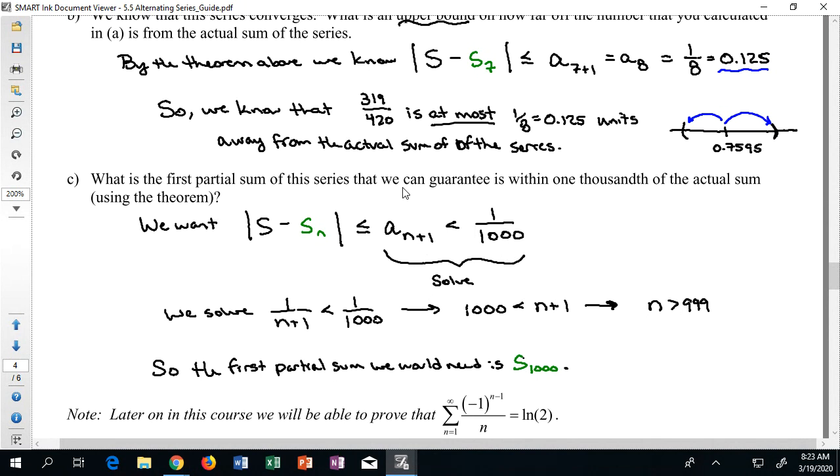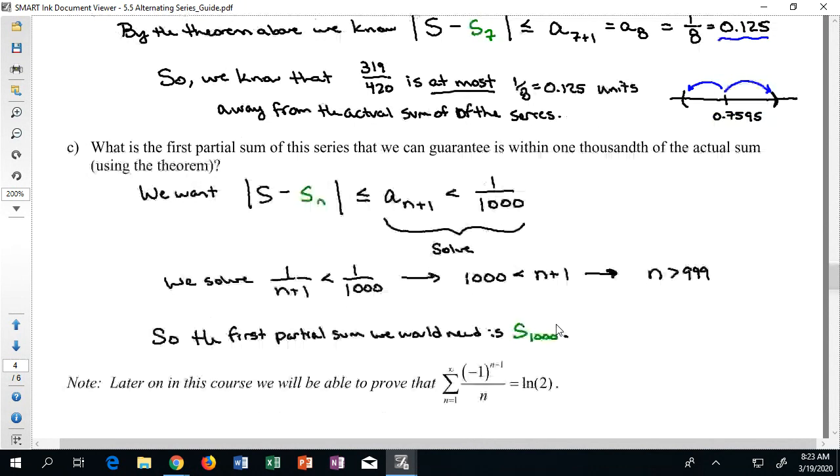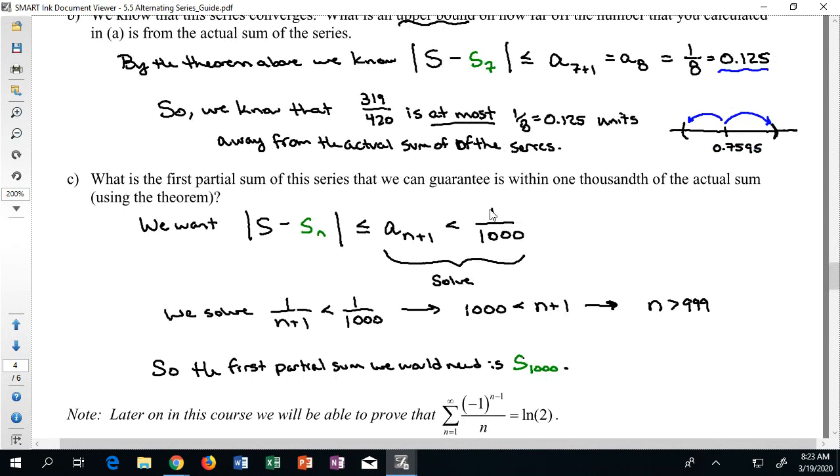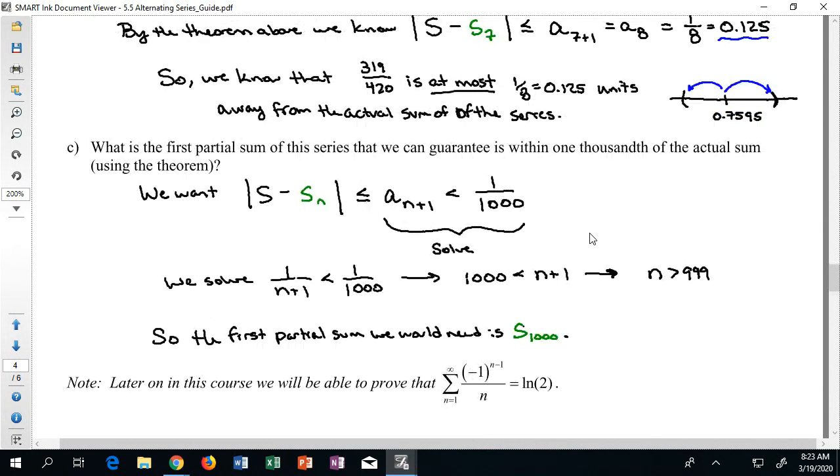So this is cool. Notice that I could almost predict ahead of time how many items I need from this addition problem so that I can reach the desired accuracy. I could say, I want to be within 1 trillionth of the actual sum, and this can help me compute how far off I need to be.